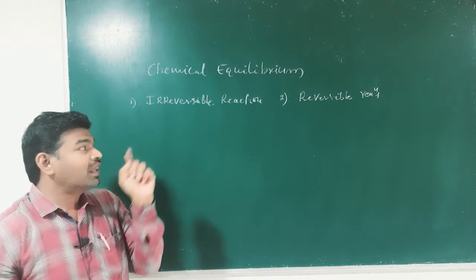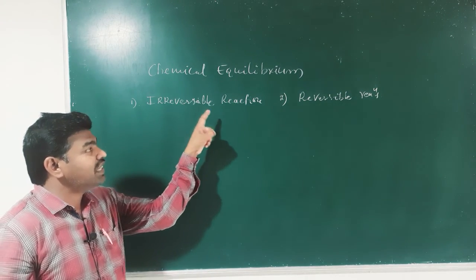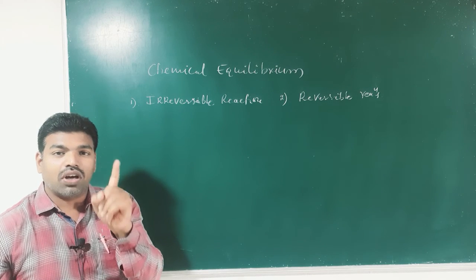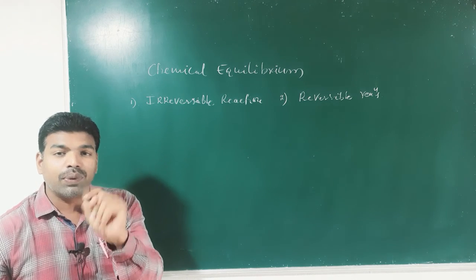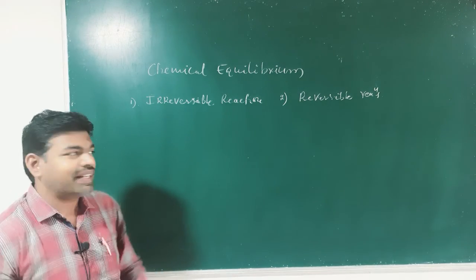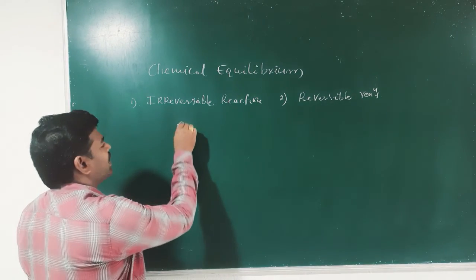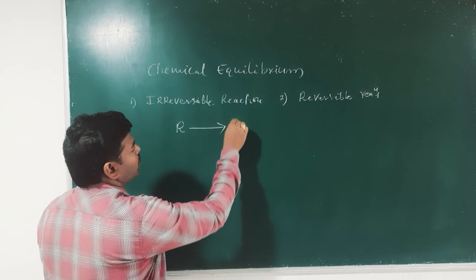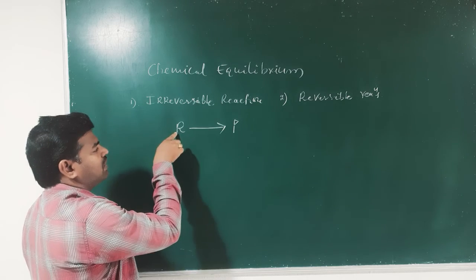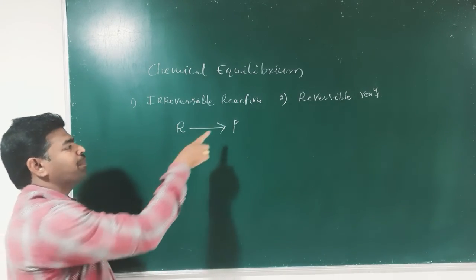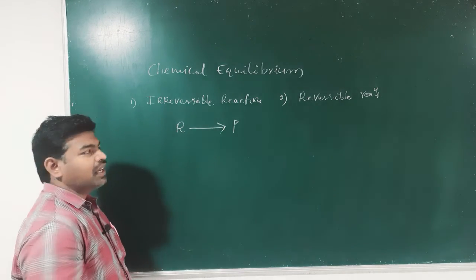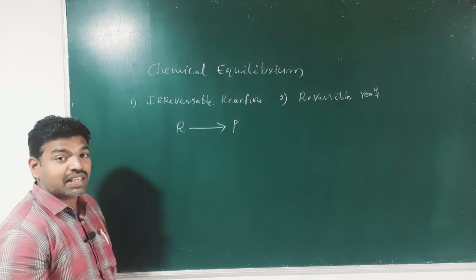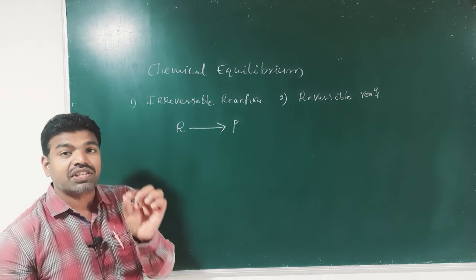In a reaction R gives rise to P, where R represents the reactants and P represents the products, reactants are completely converted into products, that is, 100% reaction takes place.